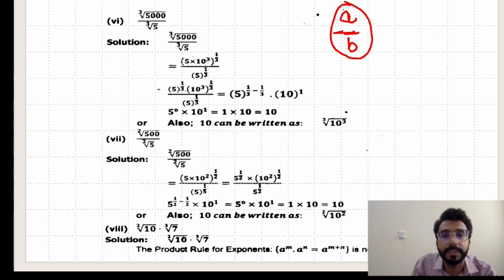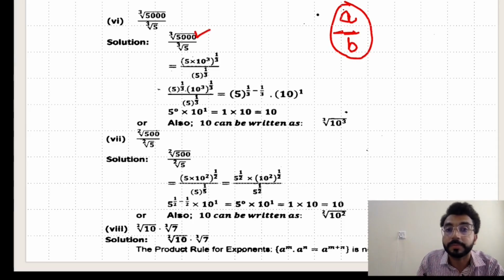So let's look at the indices of both numerator and denominator of the radical sign. Indices are same, so we can apply the quotient rule here. This radical form is given. First we have to convert this radical form into exponential form. Remember this, it is very important, because in question number 2 and 3 we have to change radical expression into exponential and exponential into radical.